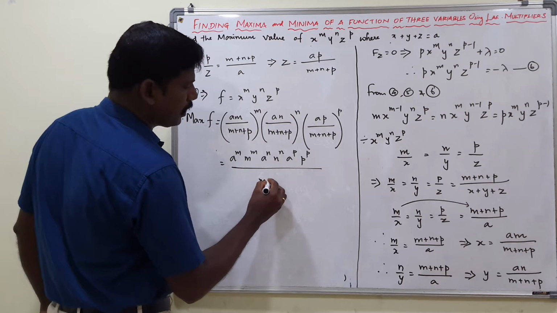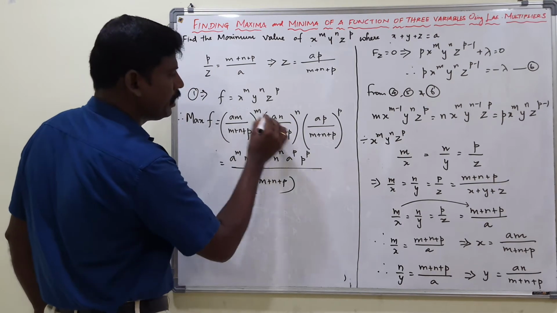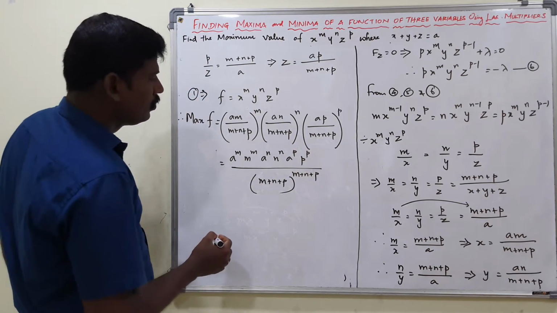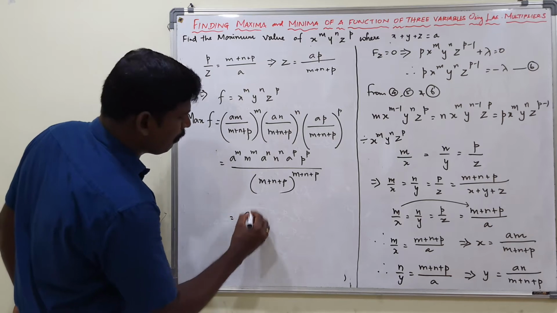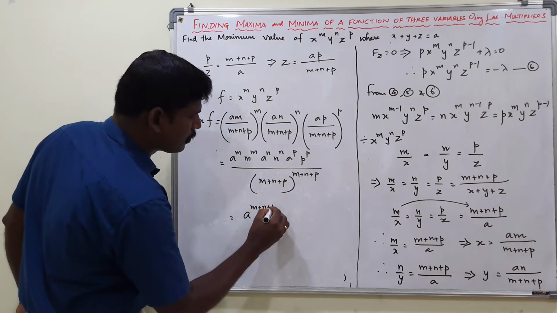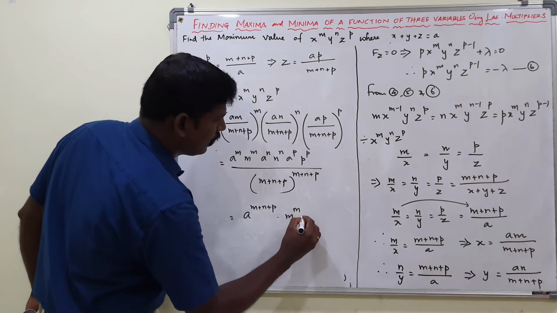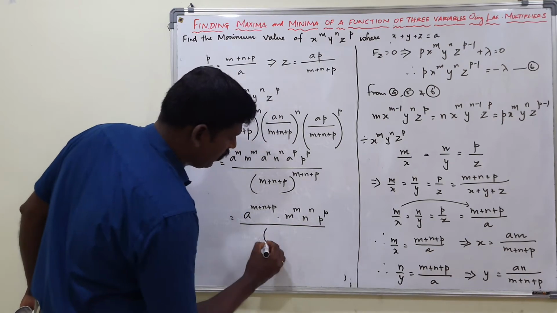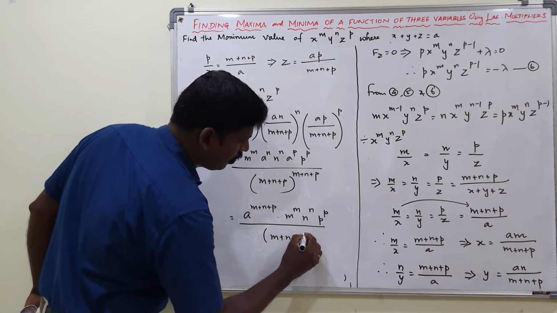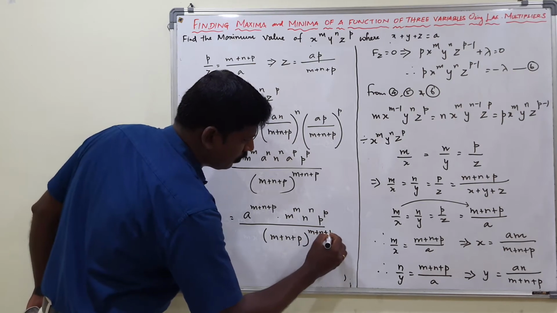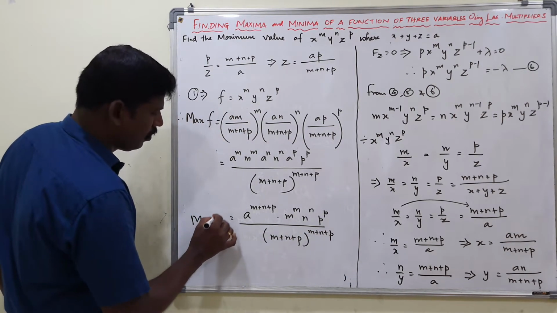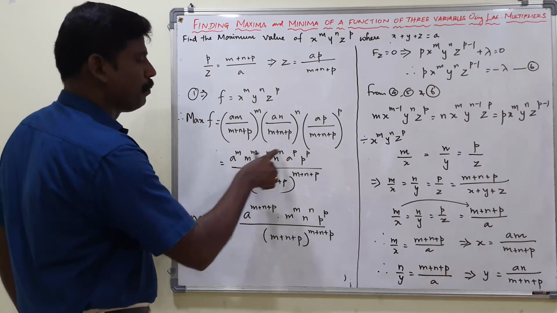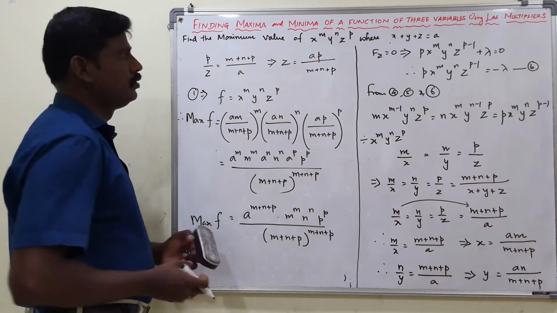Adding the powers, since the bases are equal, this can be written as a power (m plus n plus p) into m power m, n power n, p power p, divided by (m plus n plus p) the whole power (m plus n plus p). That's all. This is the maximum value of f. Very easy one.